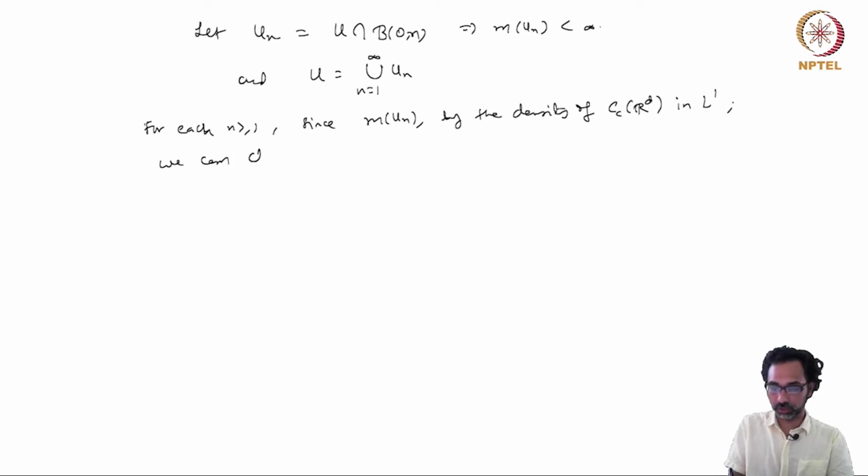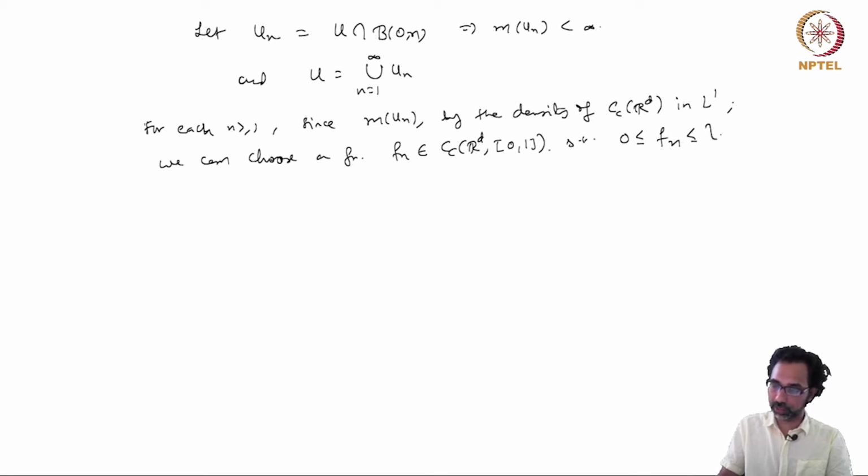we can choose a function f_n in C_c(R^d) with values in [0,1], such that 0 is less than or equal to f_n is less than or equal to chi_{u_n}, and the L1 norm of chi_{u_n} minus f_n is less than or equal to epsilon.